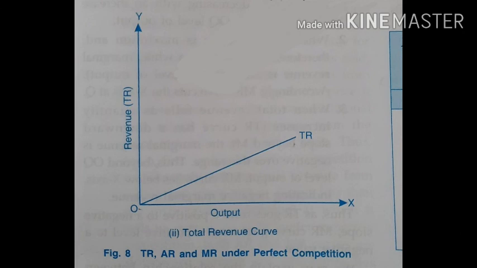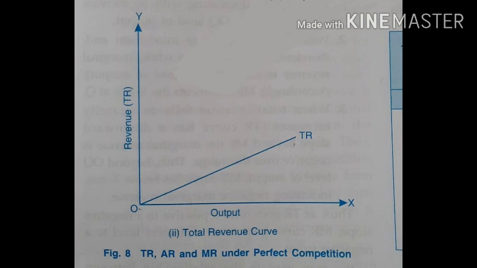Total revenue, however, changes, because total revenue is the product of P into Q, price into quantity. So how does total revenue change with a change in output, since price under perfect competition is constant? It follows that total revenue varies in direct proportion to output.